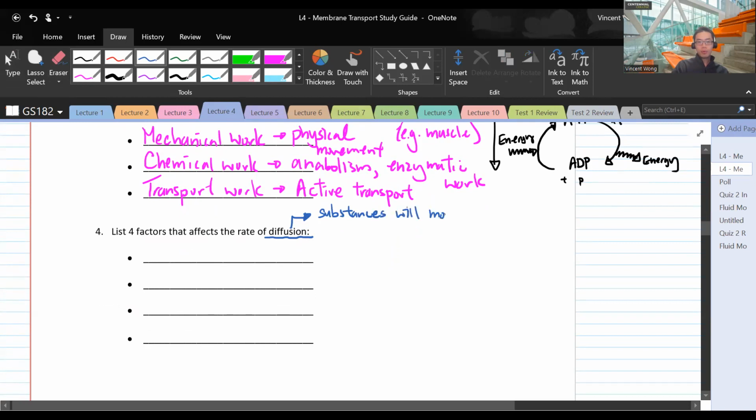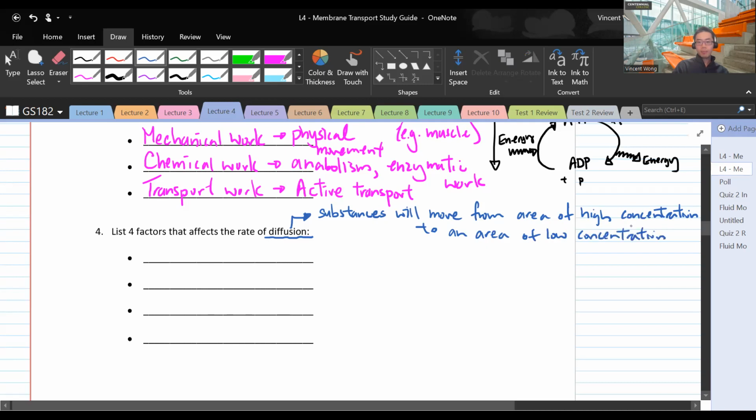Substances will move from an area of high concentration to an area of low concentration.